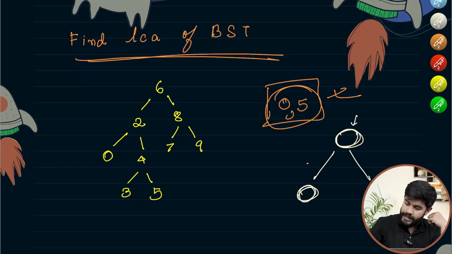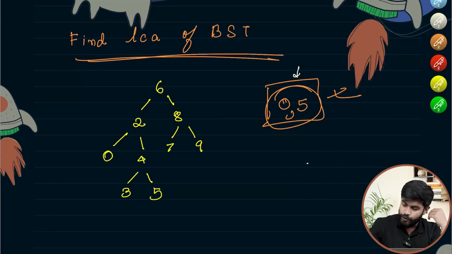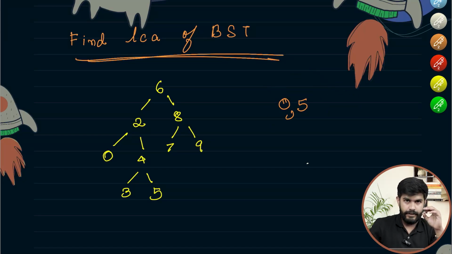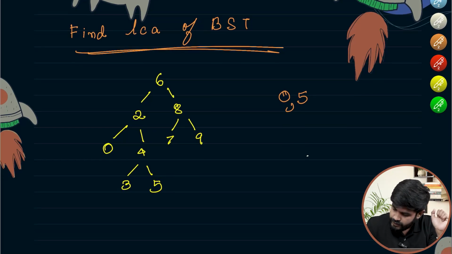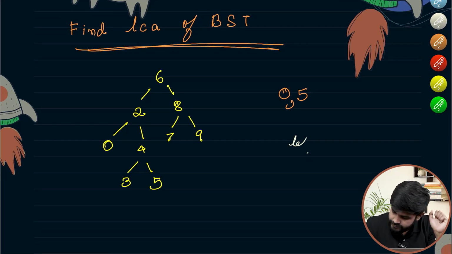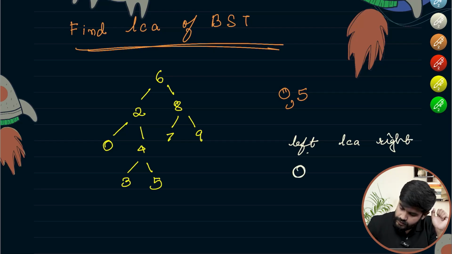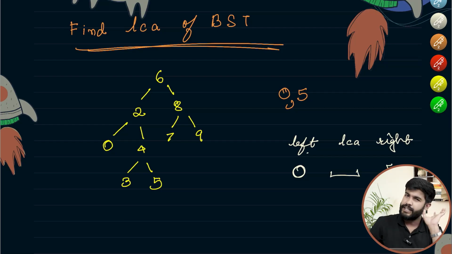So the lowest common ancestor of 0 and 5 would hold up this property. If a node is a parent of two nodes, we know this is the left, this would be the LCA and this would be the right. So left is 0, right is 5. So somewhere here would stand the LCA.